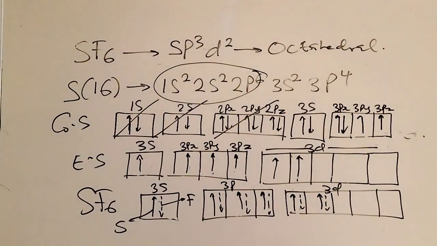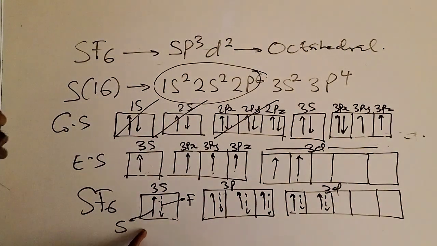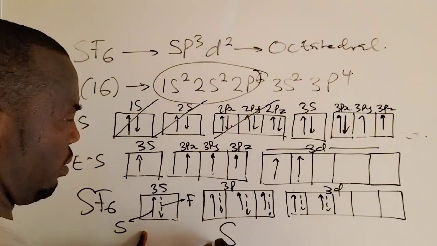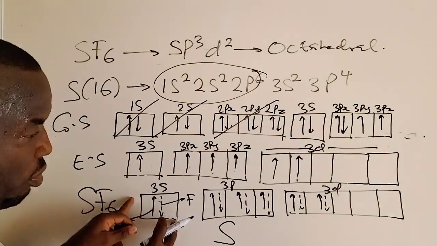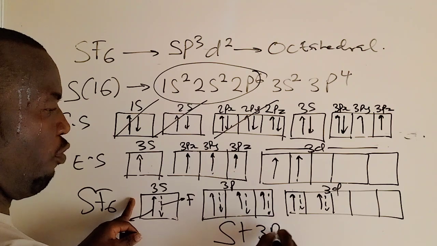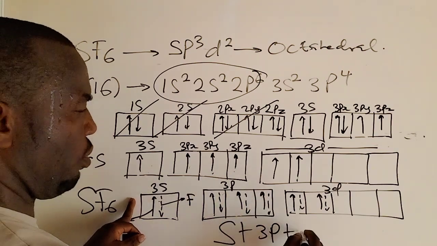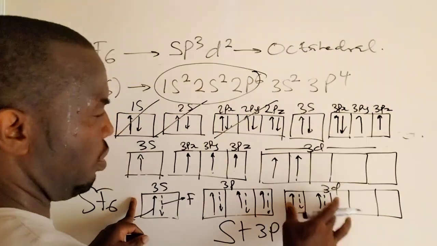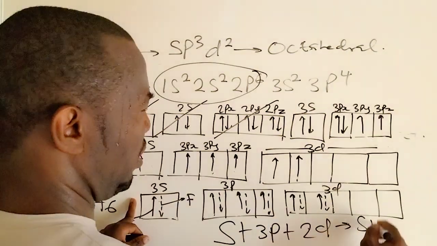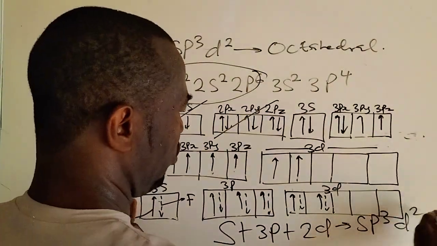So having done that, we can now count. We'll use 1 of the s orbital, 3 of the p, and 2 of the d's for hybridization. That gives us sp3d2.